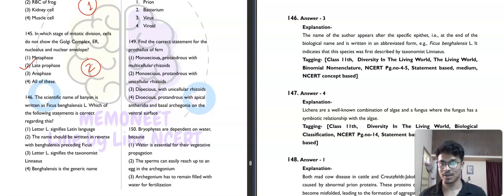Ficus bengalensis L, the letter L signifies Latin language? No. The name should be written in reverse order? No, this is also not correct. Genus then species. Then the letter L signifies the taxonomic lineage? Correct. Bengalensis is the species name, and the generic name is Ficus. The third option is the correct one.